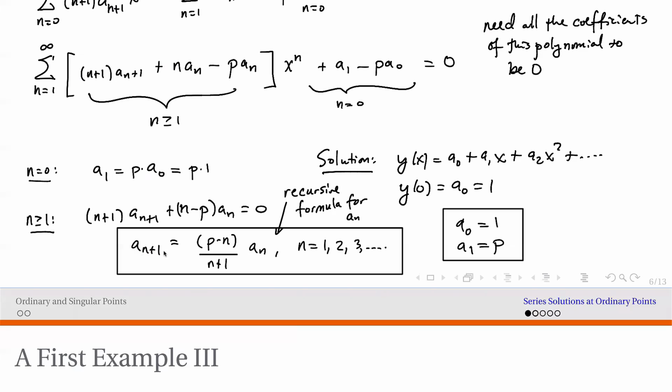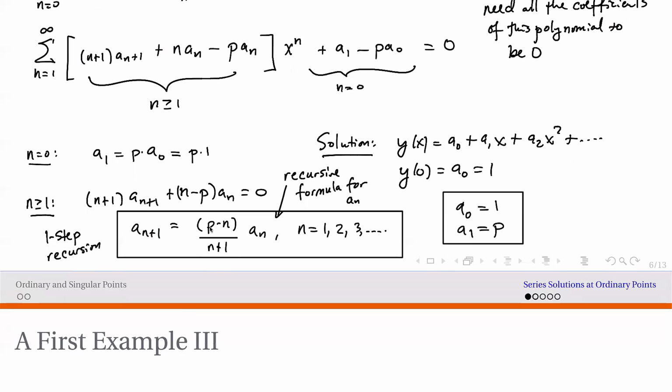Because the larger subscript term is 1 larger than this term, so n plus 1 is 1 larger than n, this is known as a one-step recursion. One-step recursions only need one value to get them started. So you only needed one initial condition to get the one-step recursion started, because once you knew what a0 was, one step, you get to a1, one step, you now can get to a2 and so on.